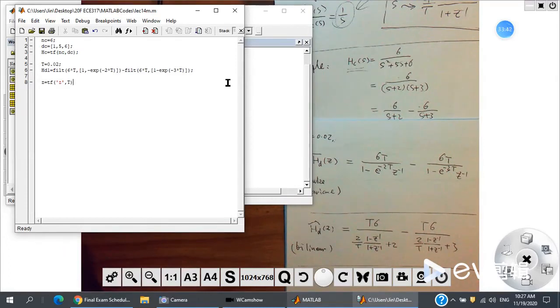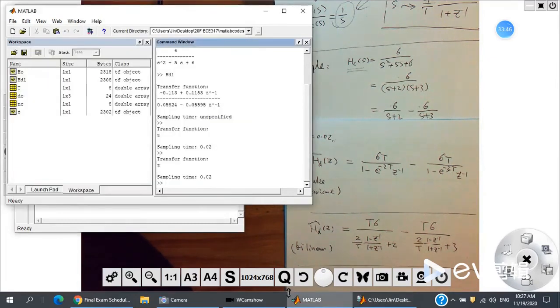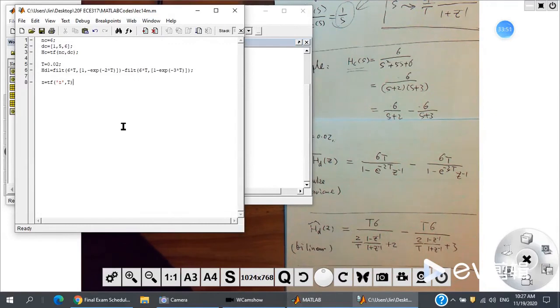F5. Okay, yeah, I defined z. After I have z, I have s, from s transfer to z. This one is 2 over t times 1 minus z to negative 1, just z minus 1 over z plus 1.